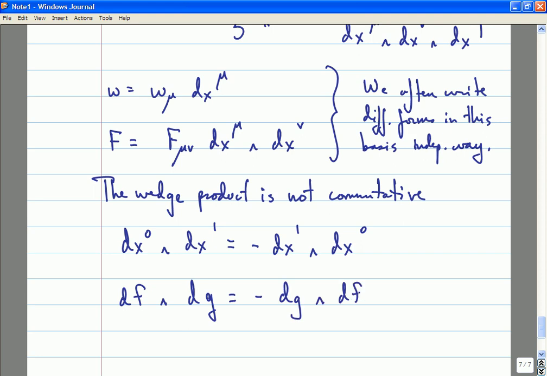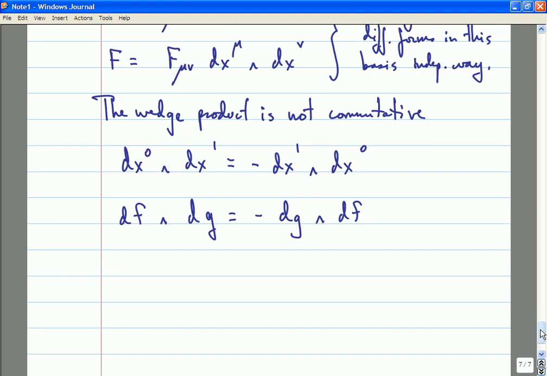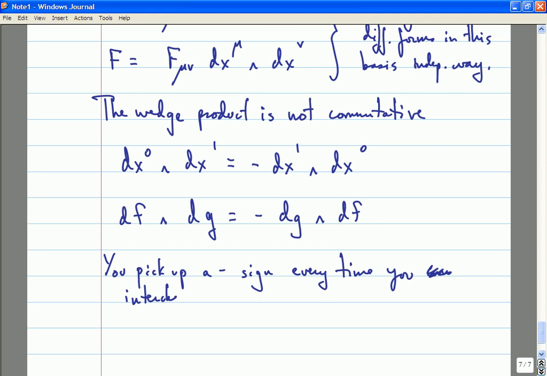And in general, with one forms, you pick up a minus sign every time you commute or interchange two one forms.